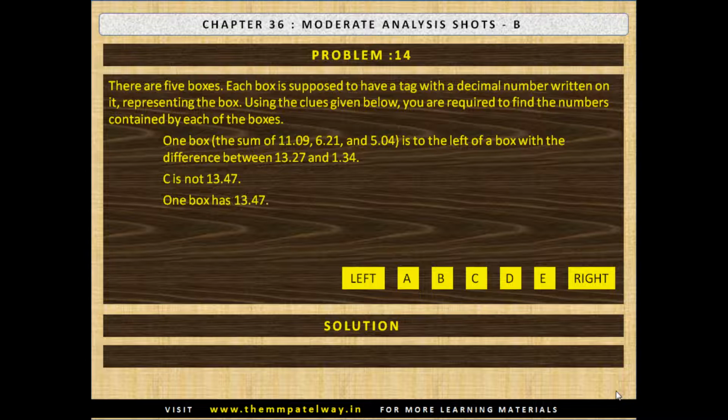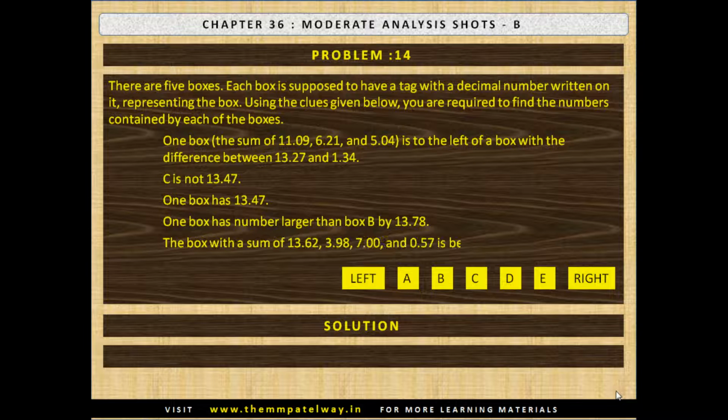One box has 13.47. One box has number larger than the box B by 13.78. The box with a sum of 13.62, 3.98, 7.00 and 0.57 is between B and E. The smallest number is B. The largest is E. Now stop the video and solve the problem.